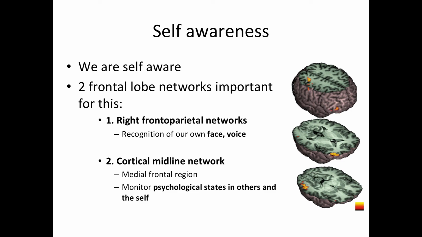Researcher Lucina Uddin does great neuroscience work, and she and her colleagues showed that self-face recognition activates right frontal and parietal regions, as you can see in the image to the right. These activated regions overlap with regions that contain mirror neurons.